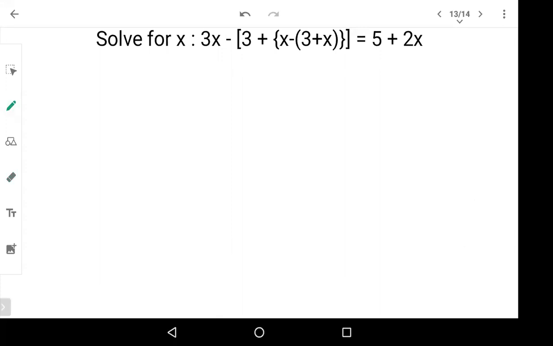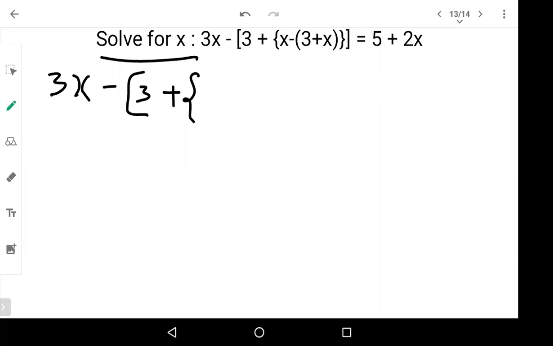So first 3x. Okay. The question is solve for x and then only you have the question given. Okay. So 3x minus box brackets will remain 3 plus flower brackets will also remain x minus, we are supposed to remove this bracket.